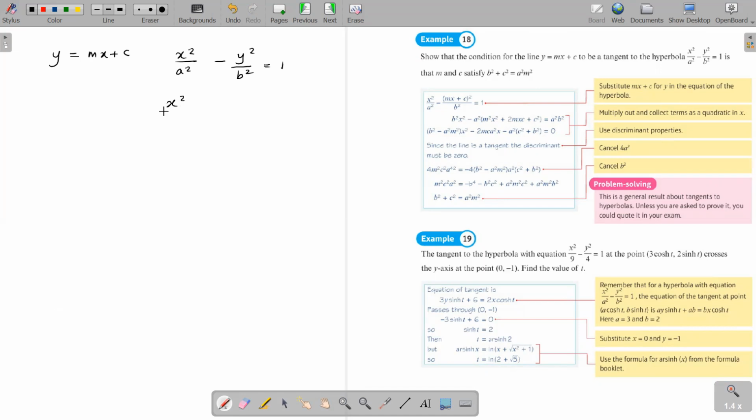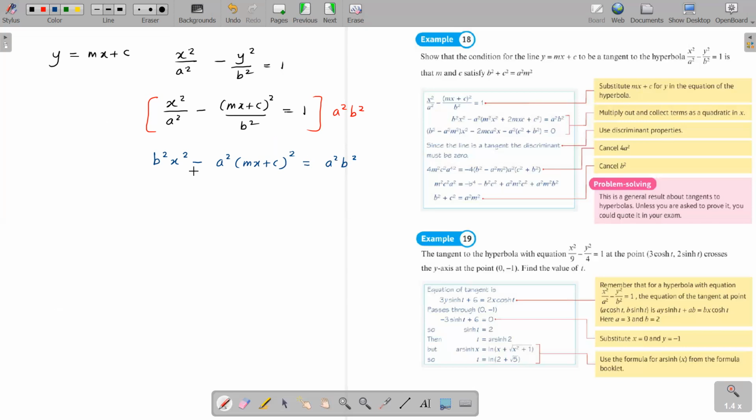So x square over a square minus (mx plus c) square over b square equal 1. Okay, so now I'll multiply the whole equation with a square b square. What do I get here? A square will cancel. I get b square x square minus a square times (mx plus c) square equal a square b square. Are you with me?